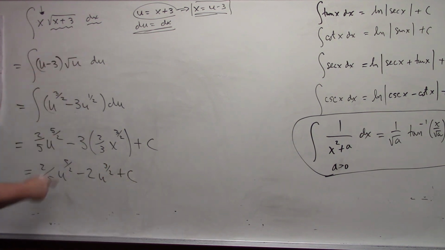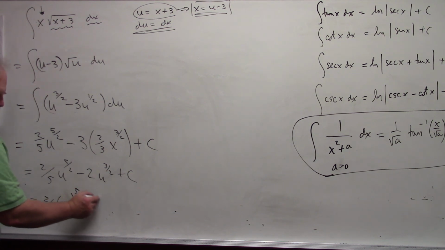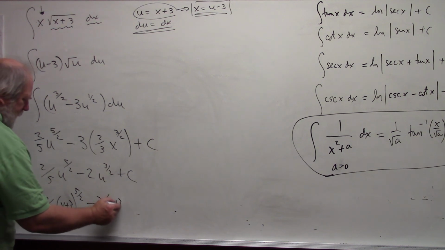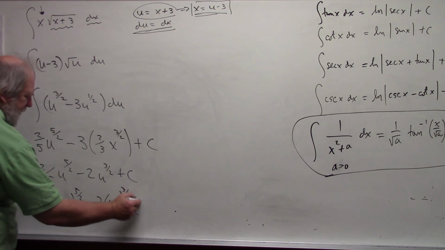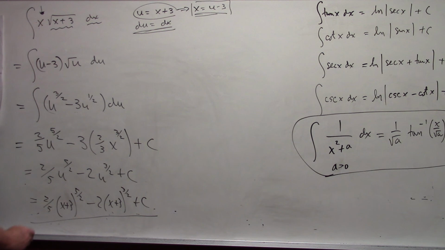And now I replace, again, don't forget to replace what your value for u is. 2/5 x plus 3 to the 5/2 minus 2 x plus 3 to the 3/2 plus c. And that is my final antiderivative.